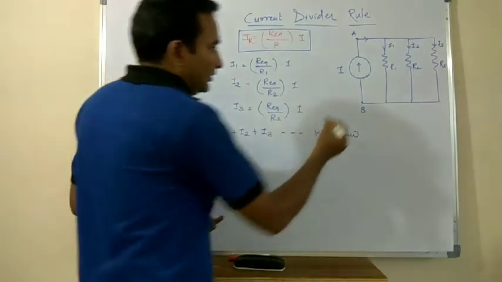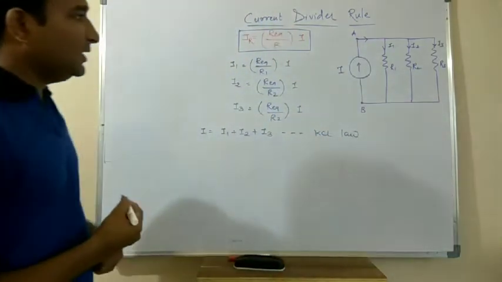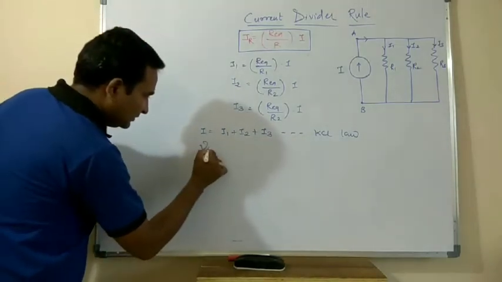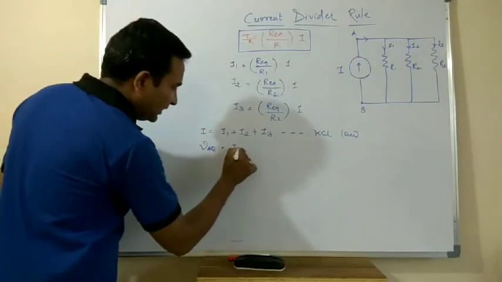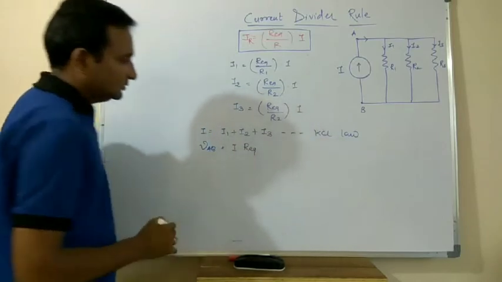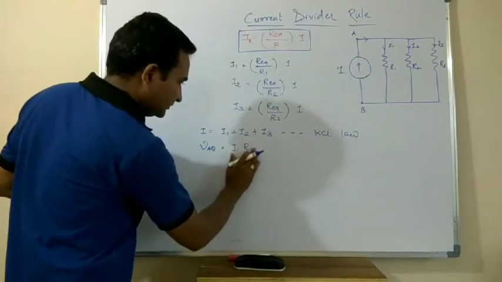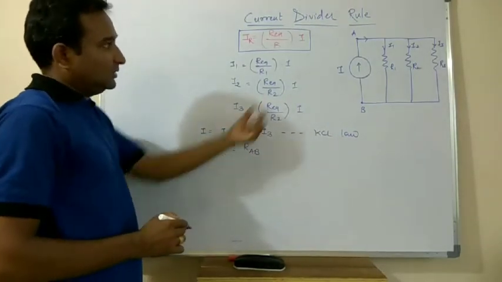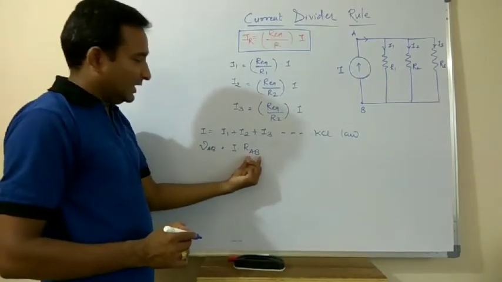Now the voltage across A and B, VAB, is equal to I into R equivalent. It is the resistance between points A and B. The voltage across points A and B is VAB equal to I into RAB.